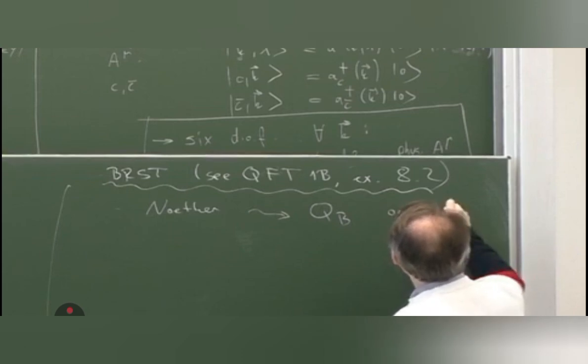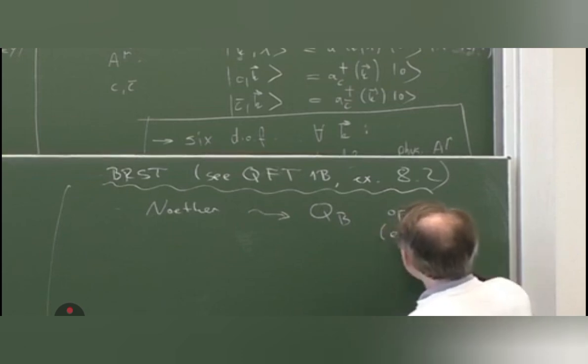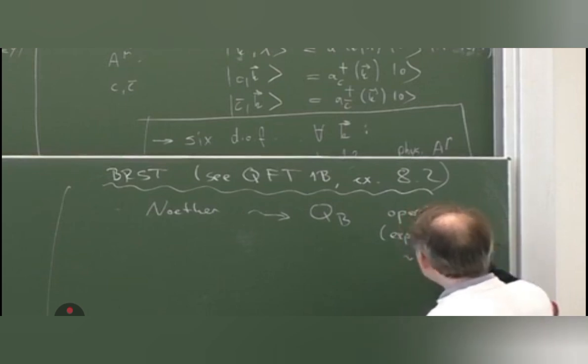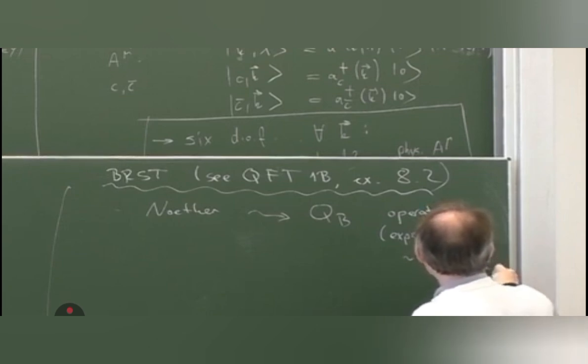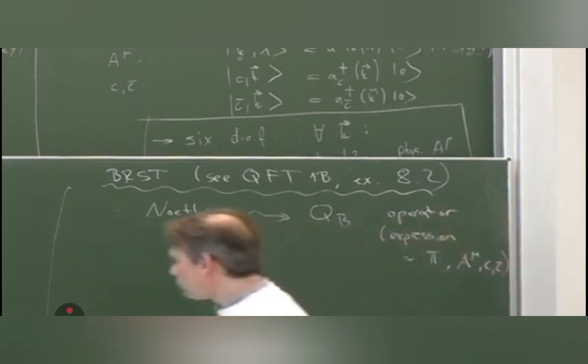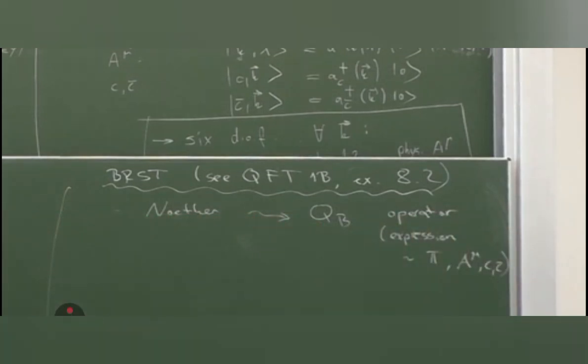Which is some expression involving integrals of pi's, the photon field, and the ghost fields and anti-ghost fields. Okay. That is the standard procedure of defining a Noether charge, a conserved operator in the quantum theory.